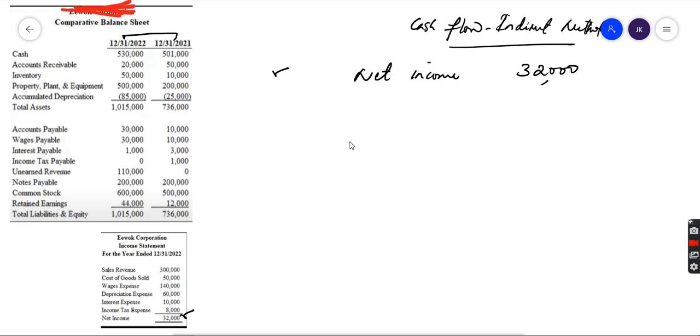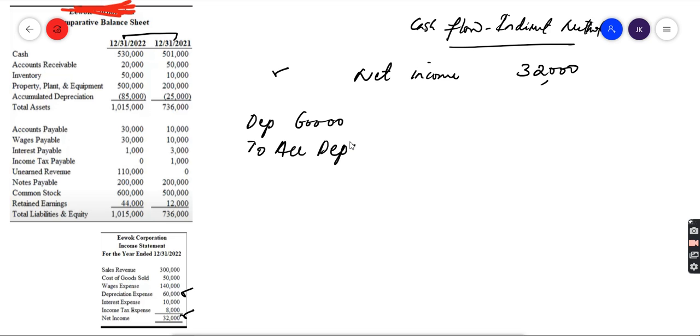Okay, so let's say we have depreciation. Depreciation is a non-cash expense which might have reduced the net income. For example, in accrual basis income statement, we might have booked this entry, right? Depreciation 60,000 to accumulated depreciation.